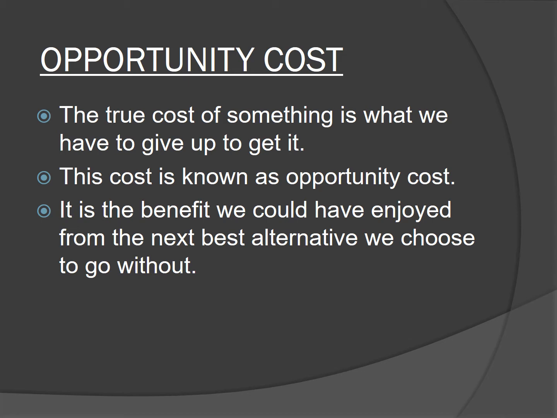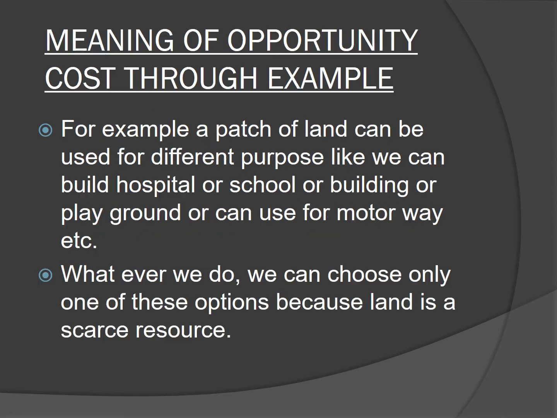Now come towards the opportunity cost. The true cost of something is what we have to give up to get it. This cost is known as opportunity cost. It is the benefit we could have enjoyed from the next best alternative we choose to go without.